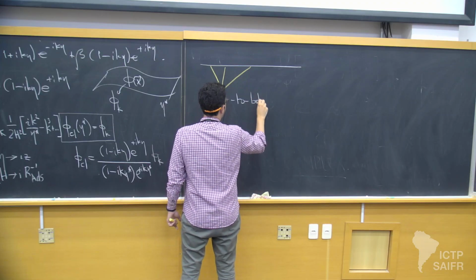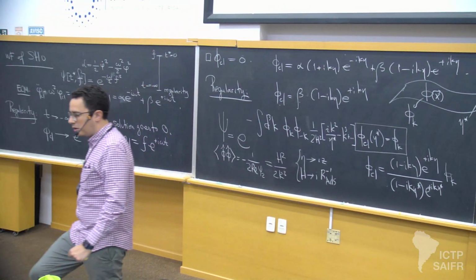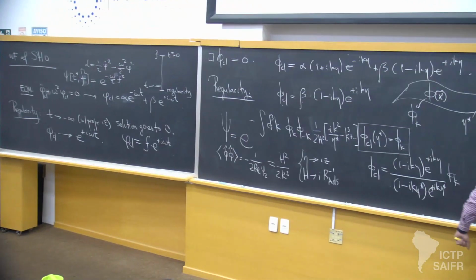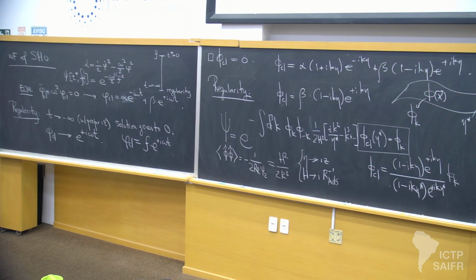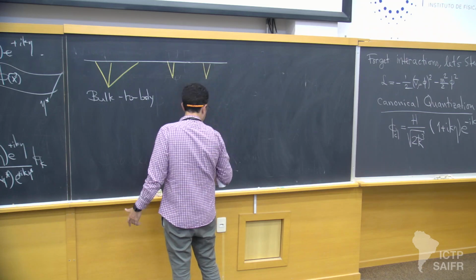So this wave function computation is very much similar to how you would compute the partition function in AdS. Okay? So you have bulk-to-boundary propagators, and at 4 points, there's only one diagram to compute there instead of 4.